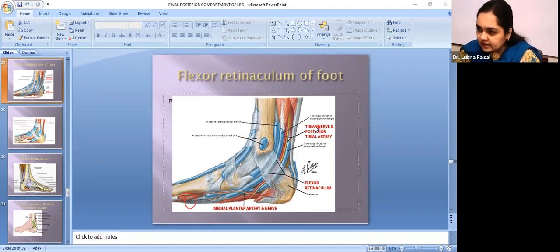You can see in this slide also, flexor digitorum longus, flexor hallucis longus, plus the artery and the nerve of this compartment, and the tibialis posterior tendon. The tendons of all these muscles pass under the cover of the flexor retinaculum, then go to the foot.